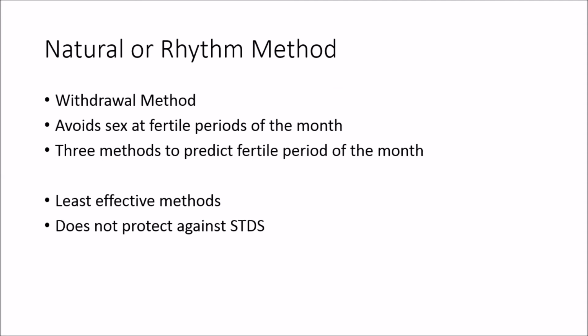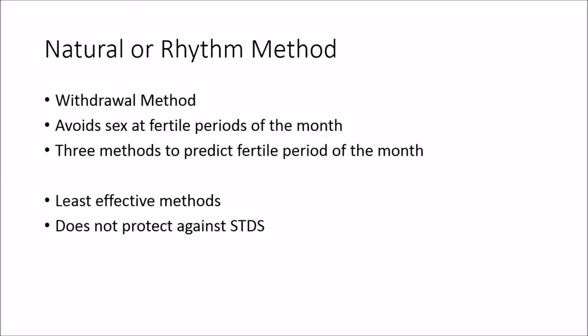Now, this method is the least effective contraceptive method. I think it's supposed to be 70% effective if done correctly, which is really not that much, because that's if it's done correctly. If it's done incorrectly, pregnancy will likely occur, which is why, once again, I say that this is the least effective method.